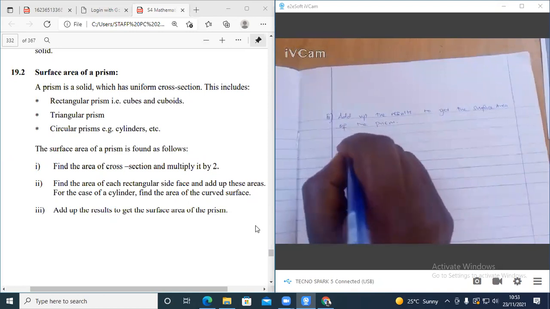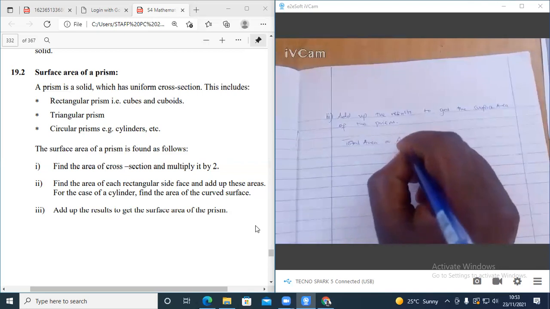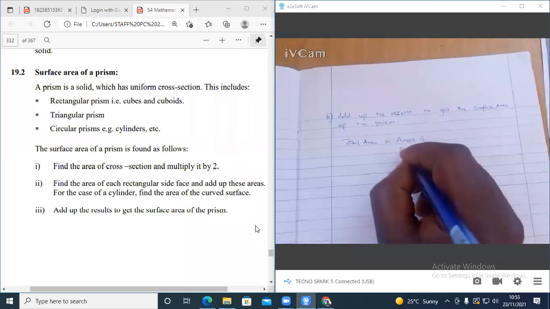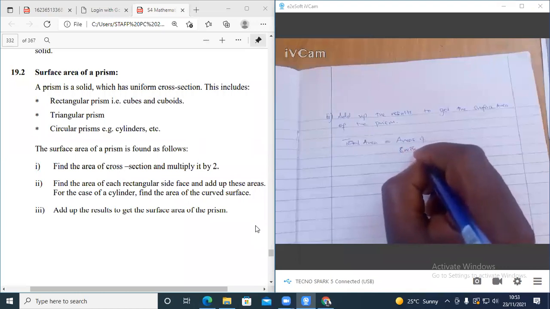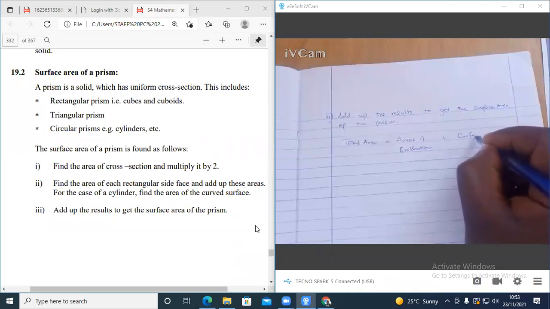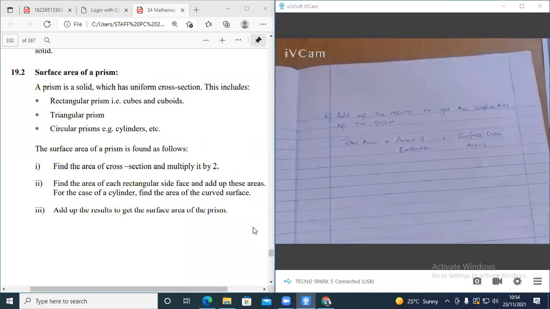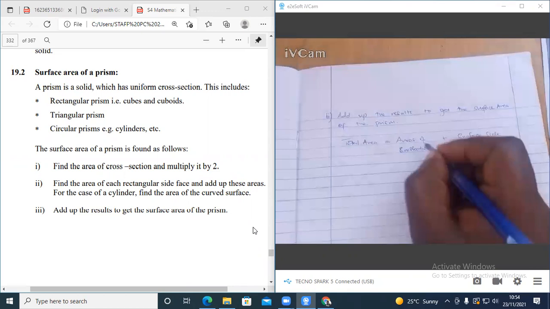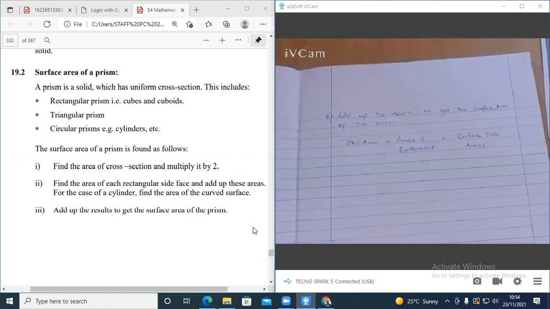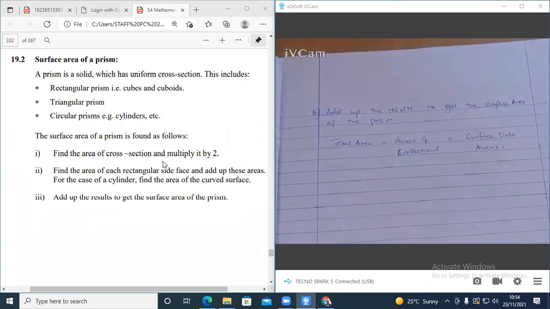Now this will be like the total area, which will be equal to the areas of cross-section plus the surface side areas. So you get the area of the cross-sections plus the surface side areas, and you have the area of the whole prism. Okay, so that is it.